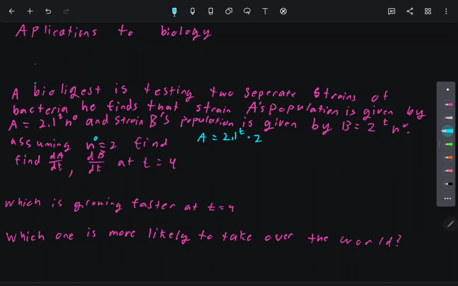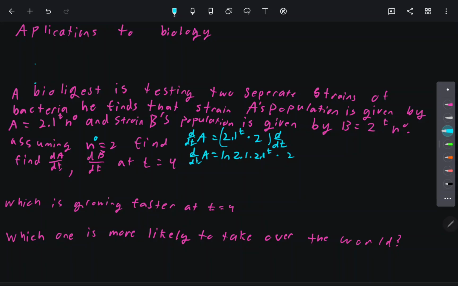Now if we're taking the derivative of this, dA dt, we will get the derivative of an exponential, which is the natural log of said exponential, times the exponential, times 2.